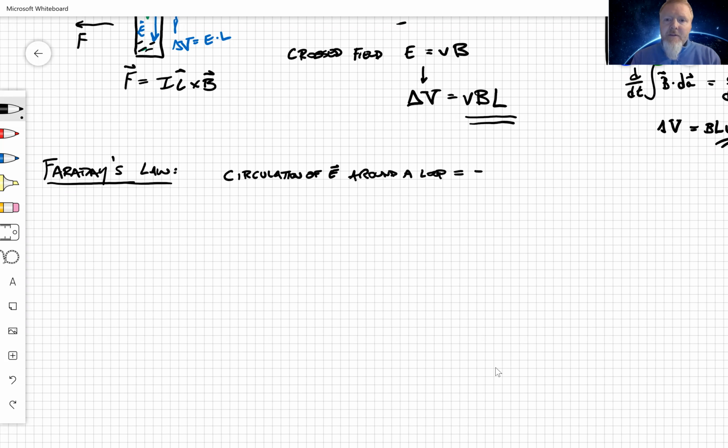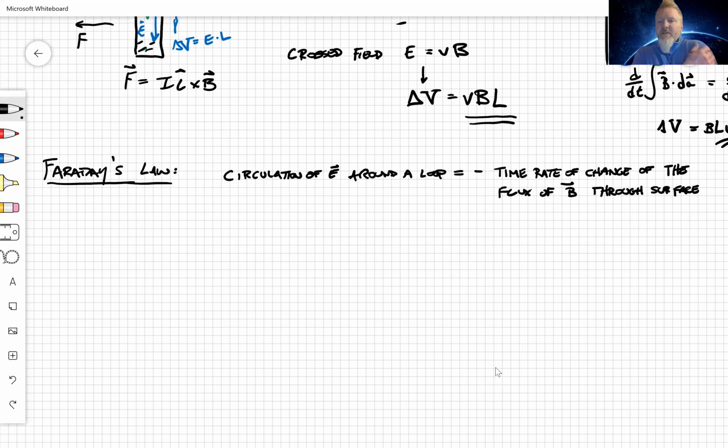Is negative the time rate of change of the flux of B through a surface, not just any old surface, it's the surface made by the curve, made by the loop.